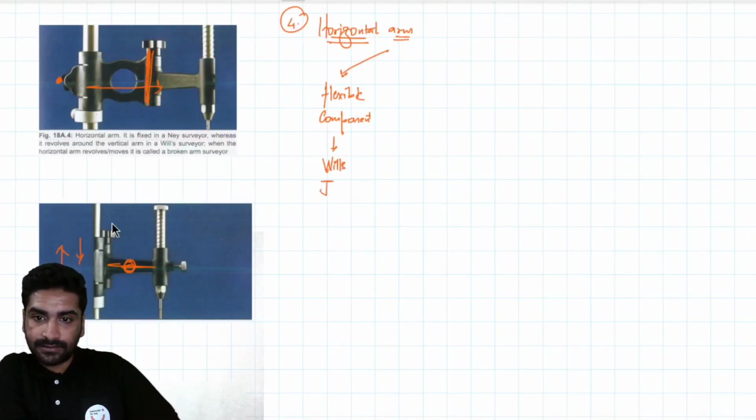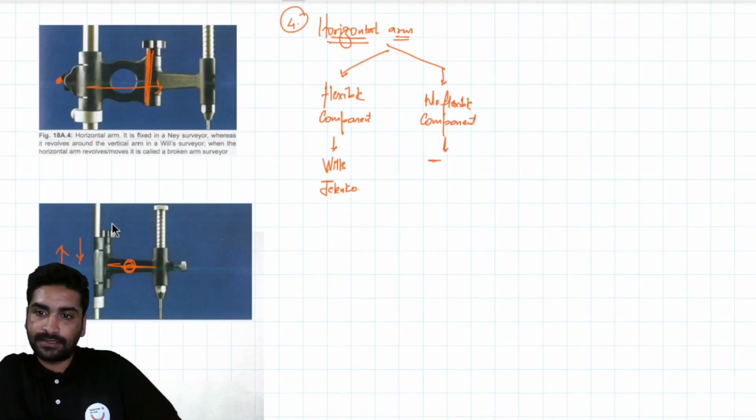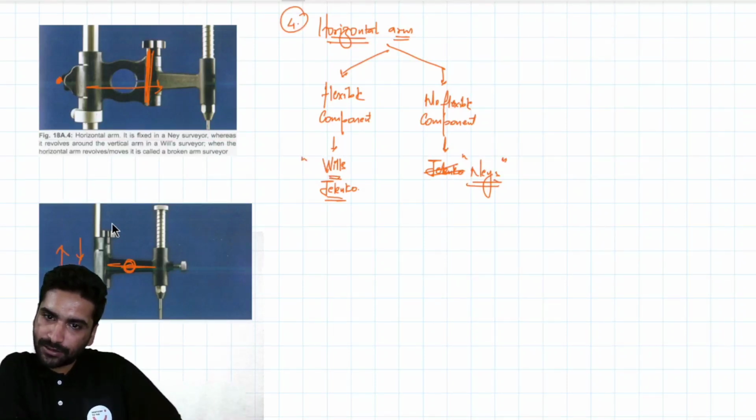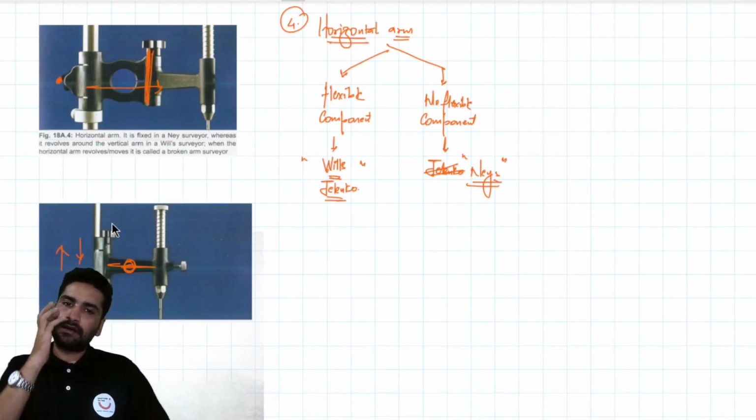Wills as well as Jelenko. No flexible component is present in the Naze surveyor. Okay, so this can sometimes be asked in your MCQs or one marker question, right?